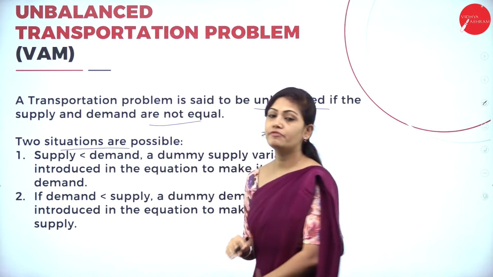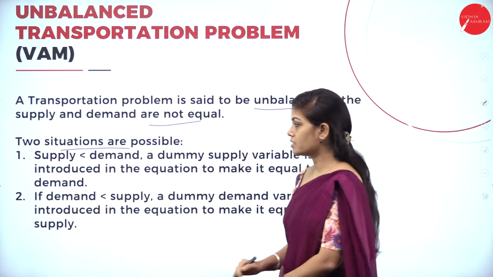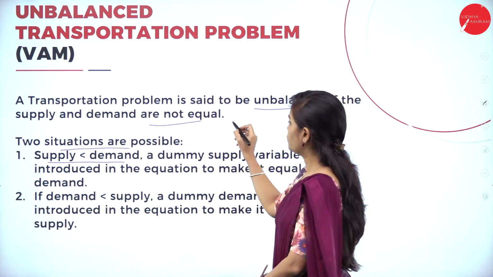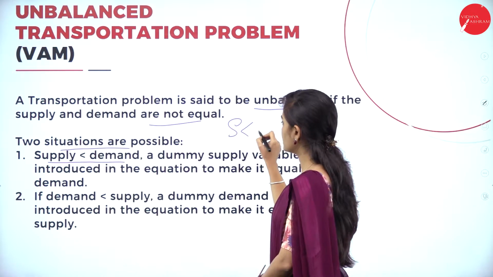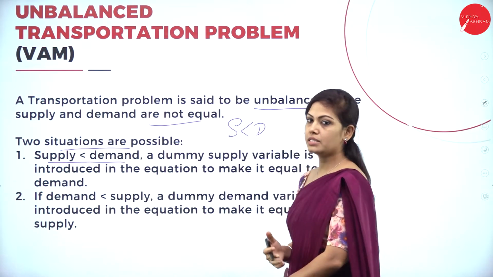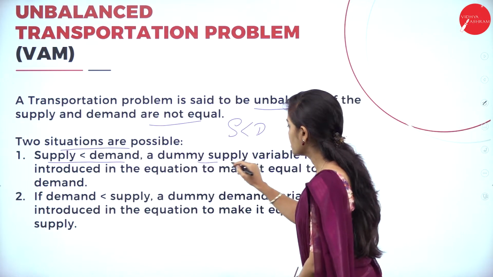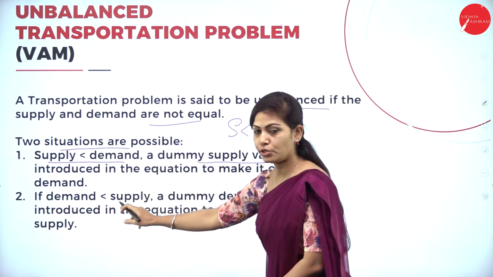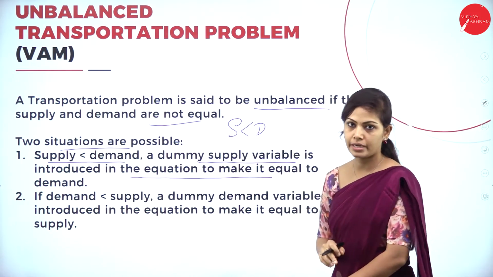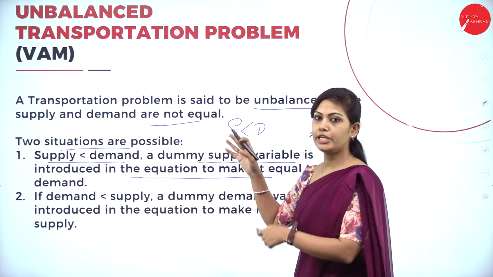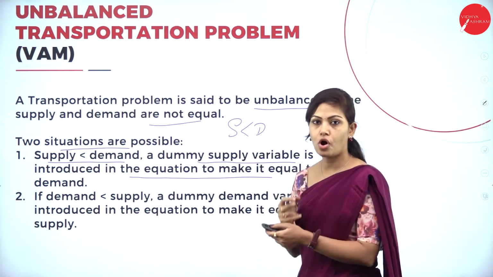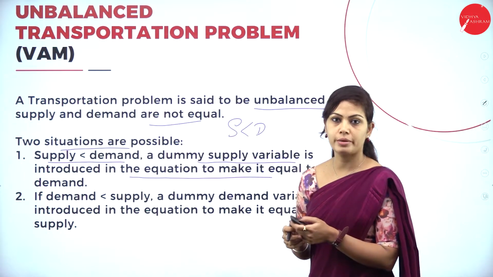In unbalanced, we have two situations. The first is that supply is less than demand. If your supply value is less than demand value, how to make it balanced? A dummy supply variable is introduced in the equation to make it equal to demand. For changing unbalanced into balanced, we have to apply a dummy row or dummy column according to the requirements.